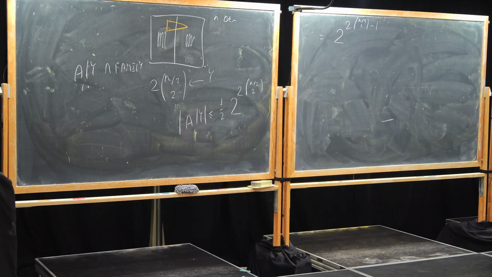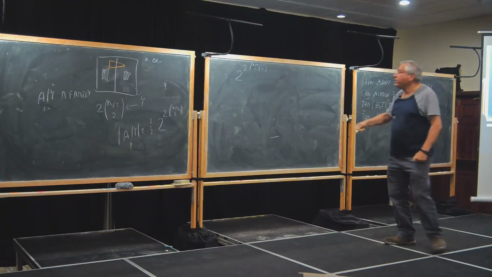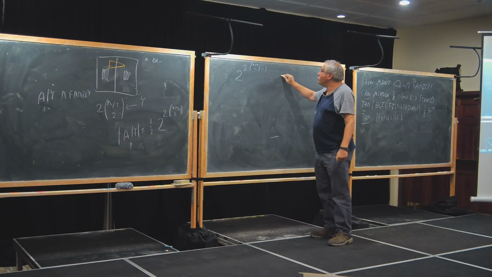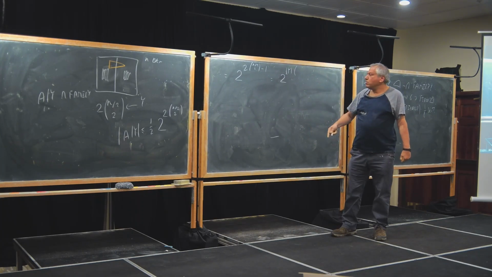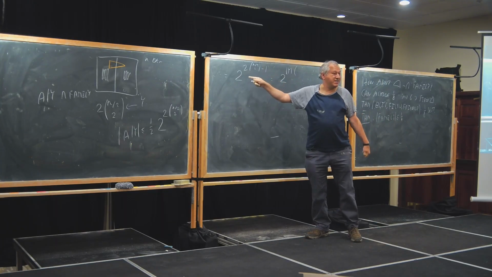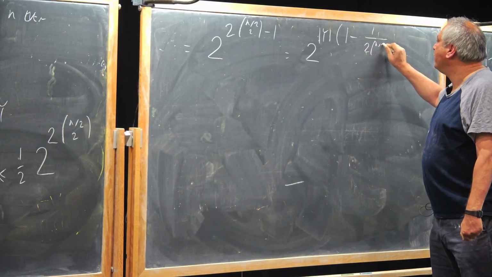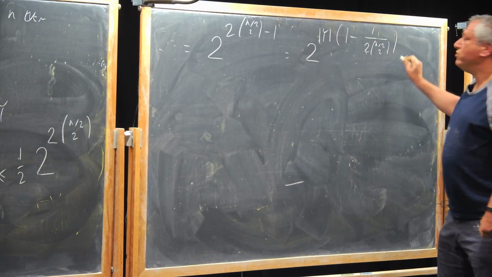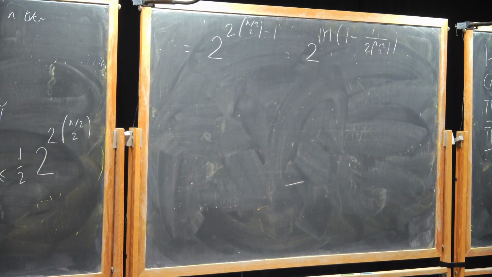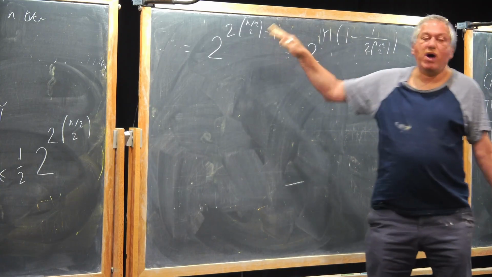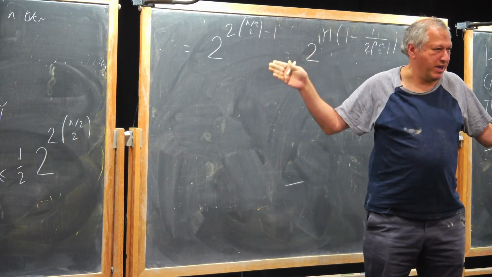And as a fraction of the whole world in y, that is 2 to the size of y times 1 minus 1 over 2 to the twice n over 2 choose 2. Is that making sense? Right, I just wrote big minus 1 as big times 1 minus 1 over big.